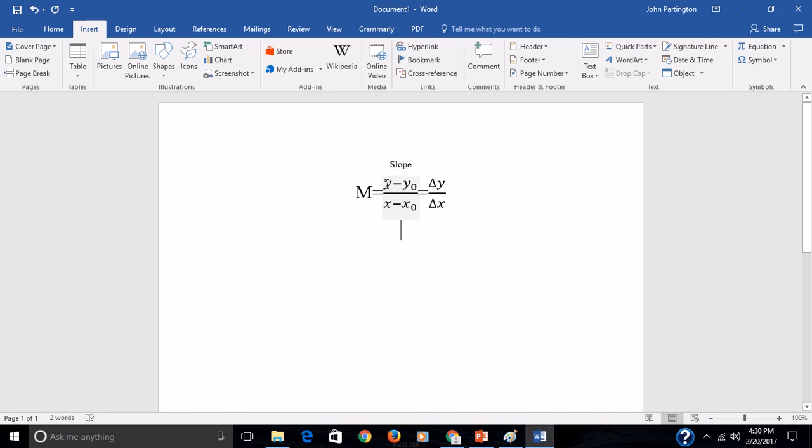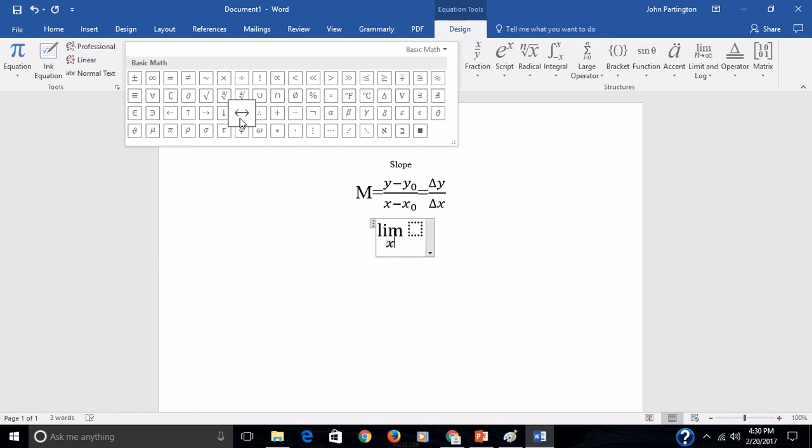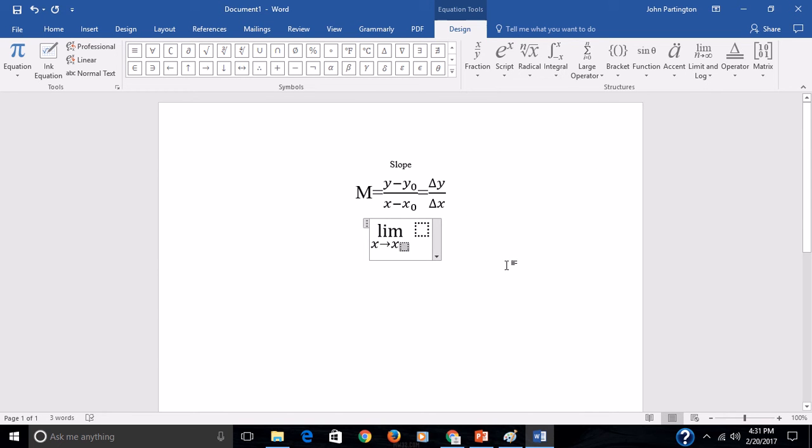The closer and closer these points get, this y and y naught, and this x and x naught, they're going to become pretty much one point. So what we're going to have here is this equation: the limit as x goes to x naught of, instead of using y, we're going to use f of x.